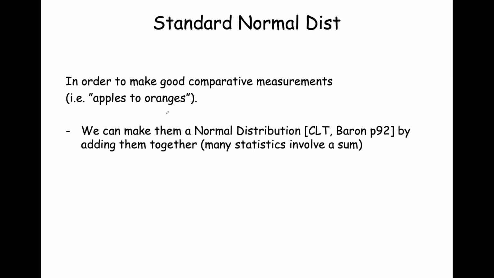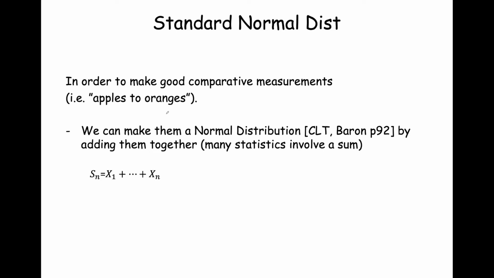So certainly the Central Limit Theorem tells us from last semester, stochastic computing, that we can make this Poisson and this exponential a normal distribution by ensuring that the statistic includes a sum. So you can add together those samples, and if those statistics, theta hat, include something that has a sum, it's going to look more and more like a normal.